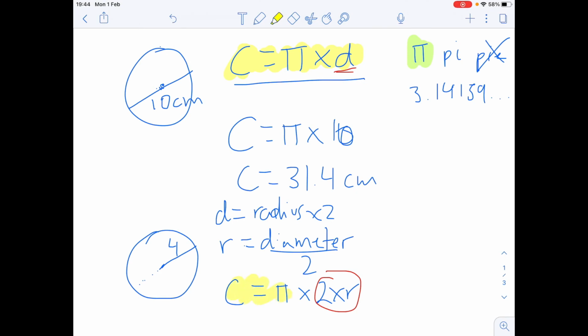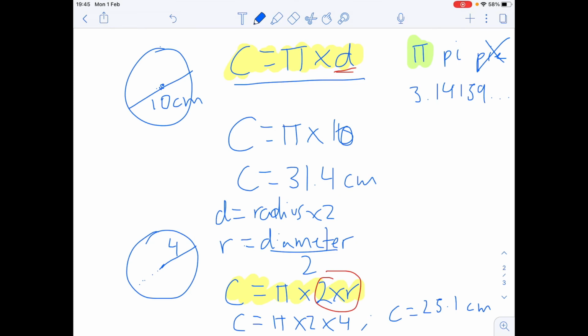And again, this formula here you need to memorize. So the circumference is going to be pi times 2 times the radius, which means that the circumference is going to be, I get my calculator again, I find the pi button, press it, times 2 times 4, rounded to one decimal place, the answer is 25.1 centimeters.